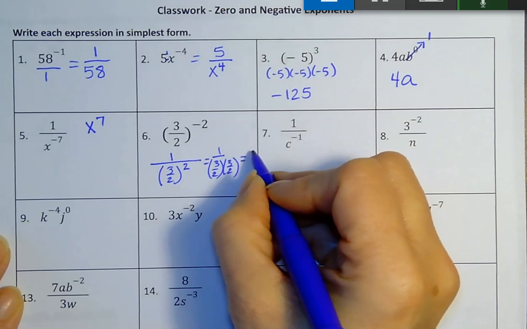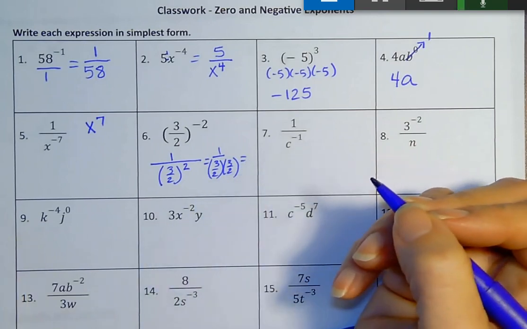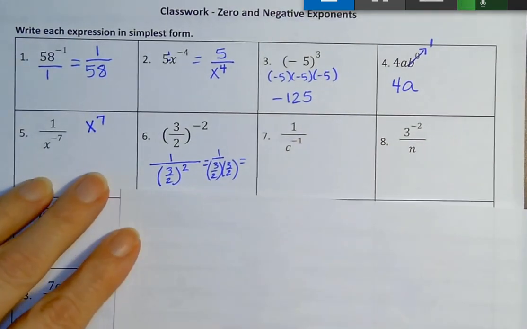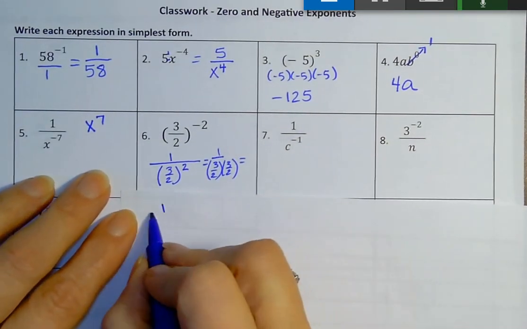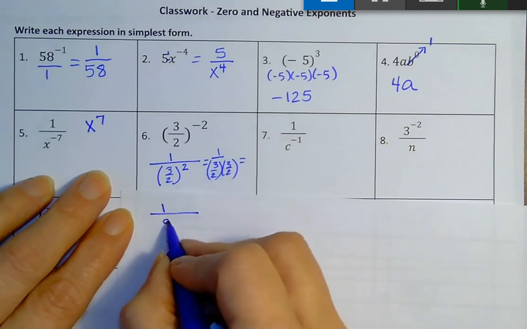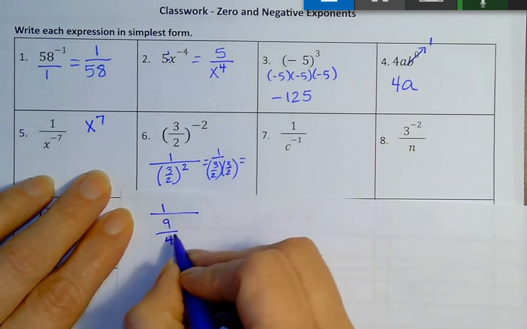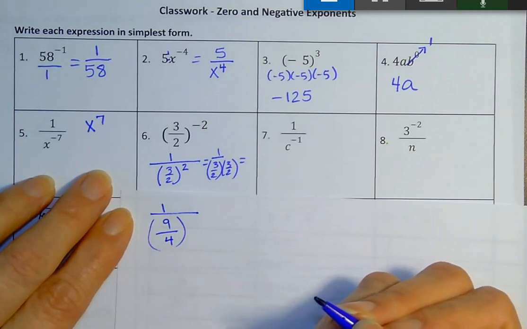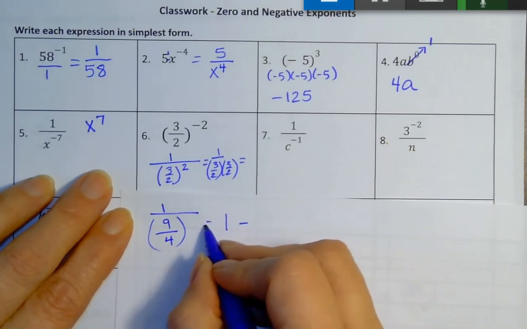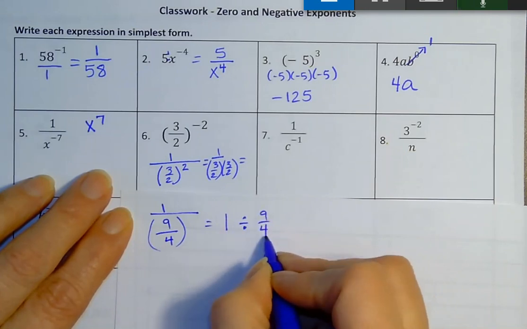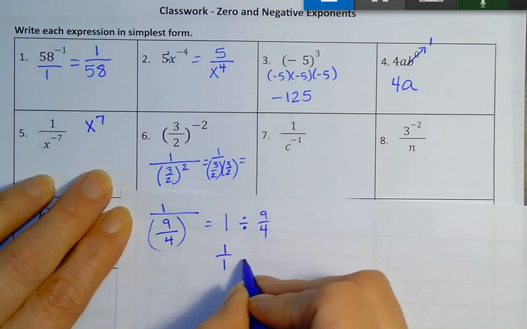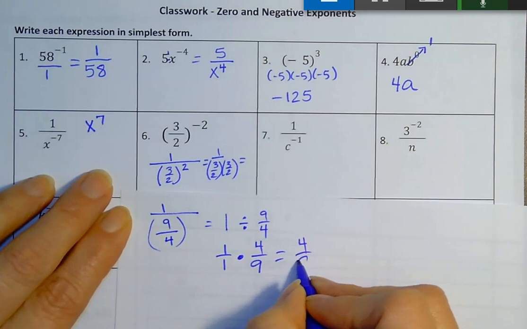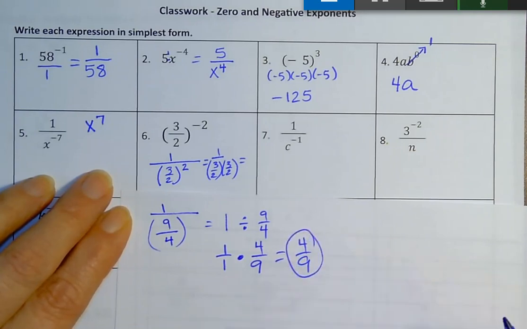That is really 1 over 3 times 3 is 9, and 2 times 2 is 4. It's really 1 over 9/4. So that's really 1 divided by 9/4, which we do with keep, change, flip. So it's really 4/9. That's actually my answer here.